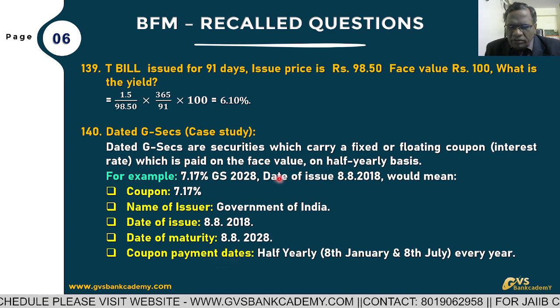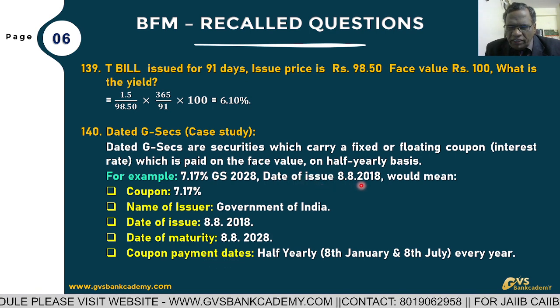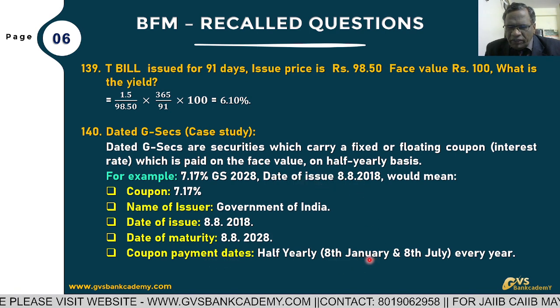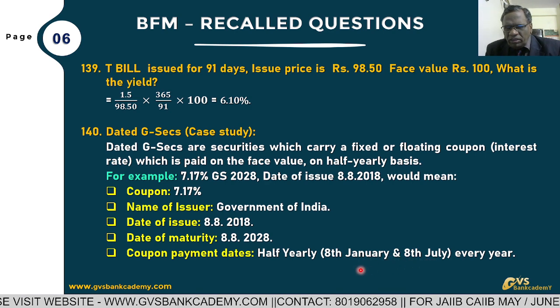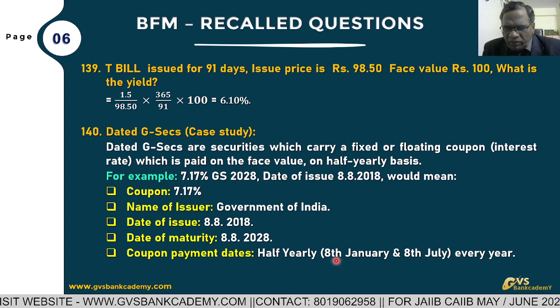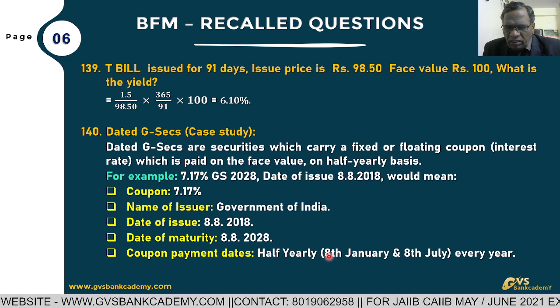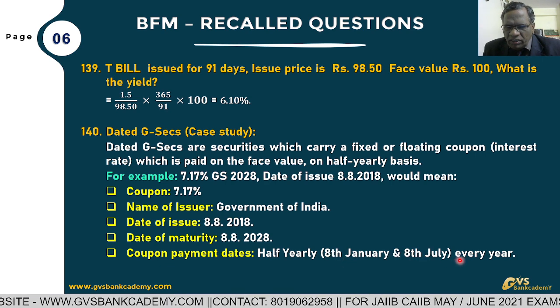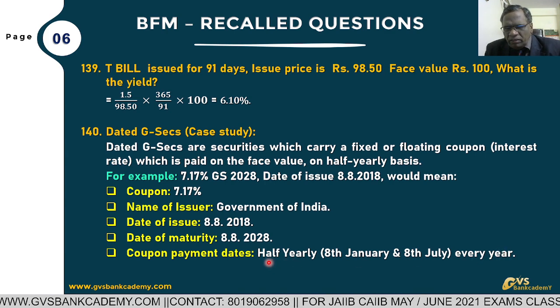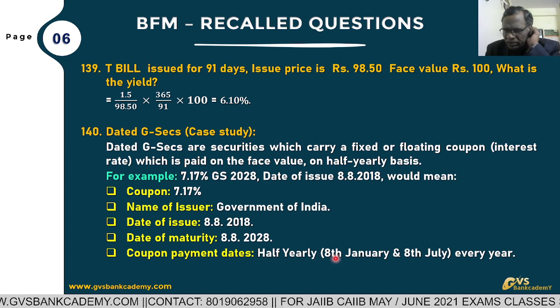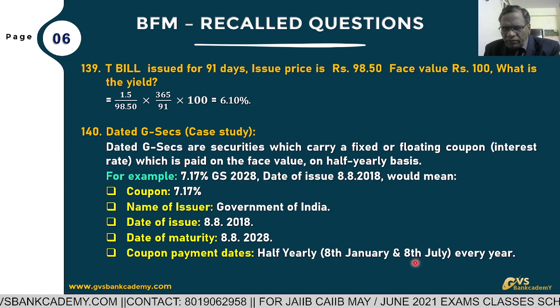For coupon payment dates, if the issue is on 8th August, the coupons are on the next 8th January and 8th July. Normally all coupon payments on Government of India bonds are on 8th January and 8th July every year.